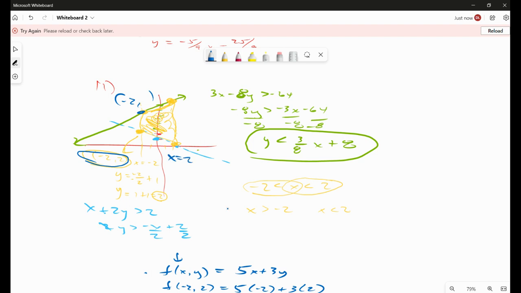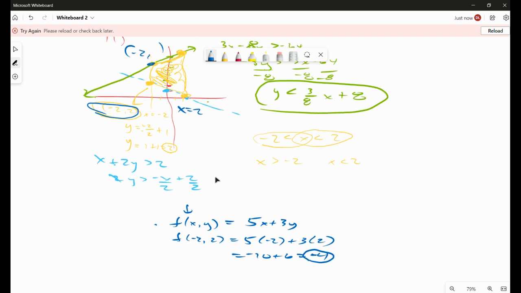I plug in 2 to this equation, and it'll give me my y value, and then I keep plugging it in. And then remember that your largest value here is your maximum, and your smallest value is your minimum, and that's how we tackle those. So that gives you a good idea on how to tackle these, and we will see you guys soon.